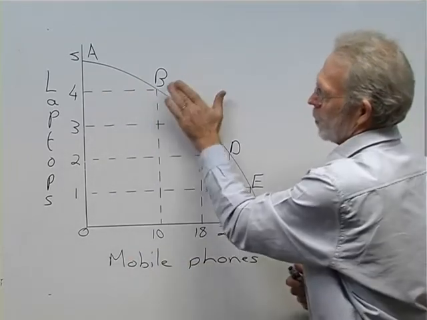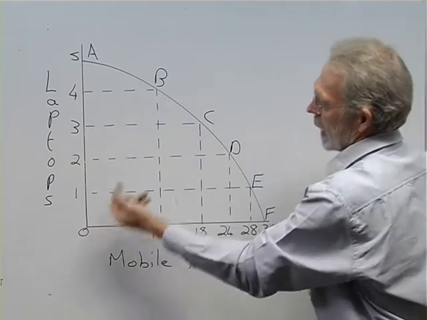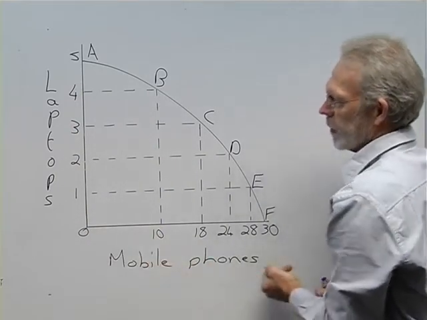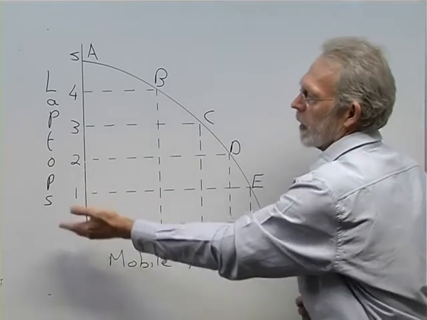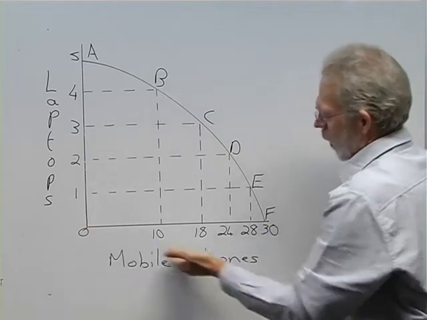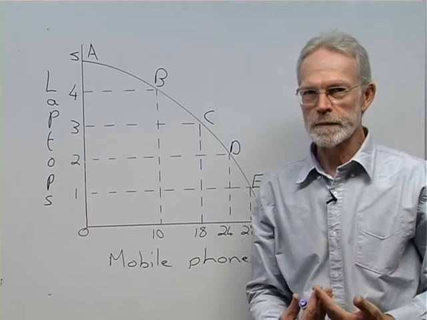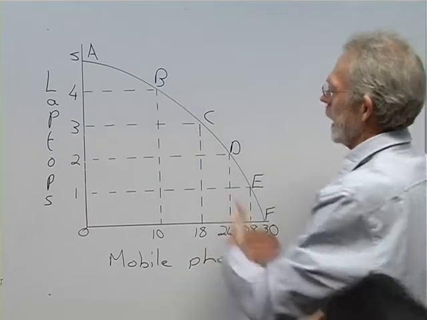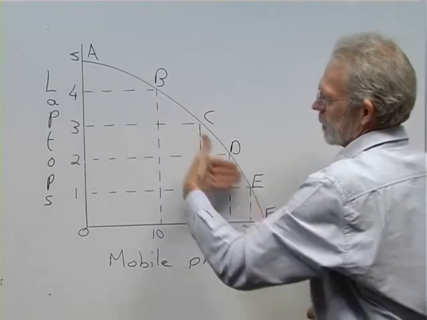For instance, point B represents 4,000 laptops and 10,000 mobile phones, whereas point E represents 1,000 laptops being produced by Xanadu, while they can produce 28,000 mobile phones. And we can choose any output combination on the production possibilities curve.